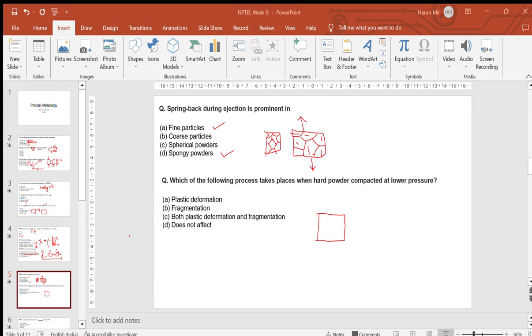What will be a successful feedstock? If you have particle-particle interactions with the liquid bridges formed with the help of a binder, that will be a perfect formulation.